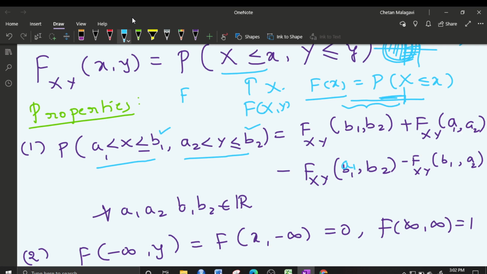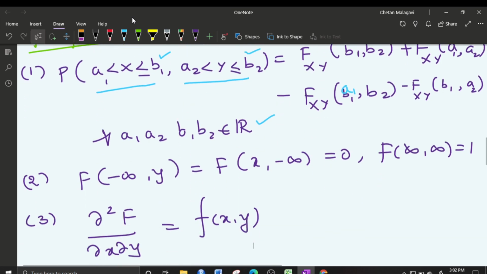And a1, a2, b1, b2 belong to R, that is the real line.